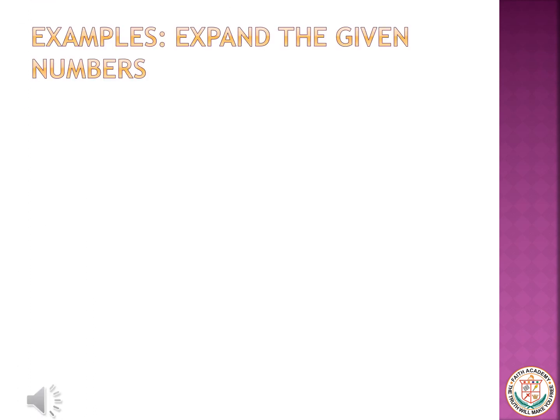Now let us look at how to expand properly and how to go about with the expansion of numbers. Let us first take the example of 58. When we are expanding 58, first let us find the place values of 5 and 8. 5 is in the tens place and 8 is in the ones place.